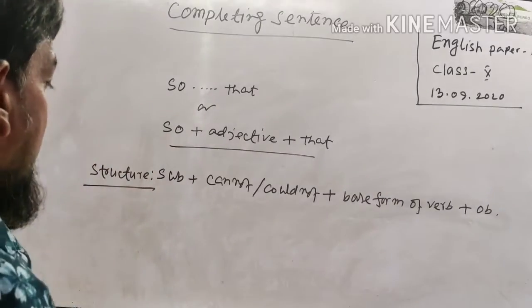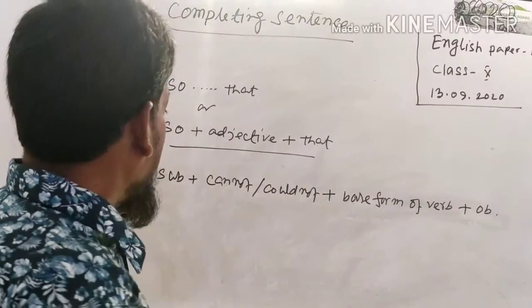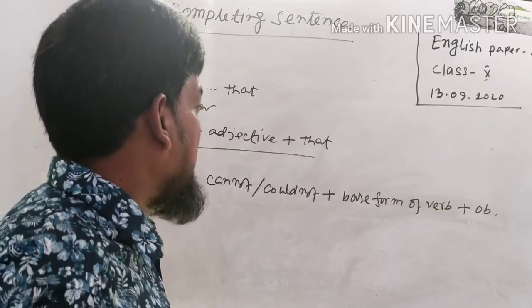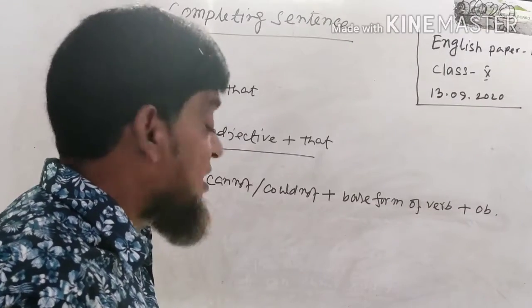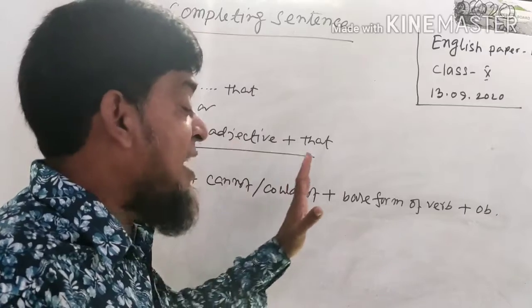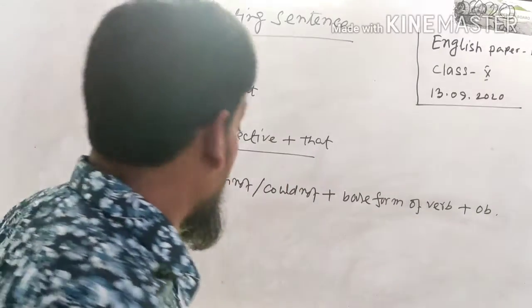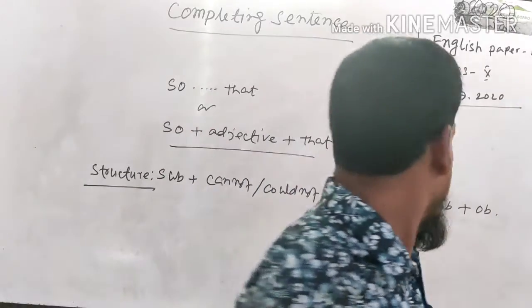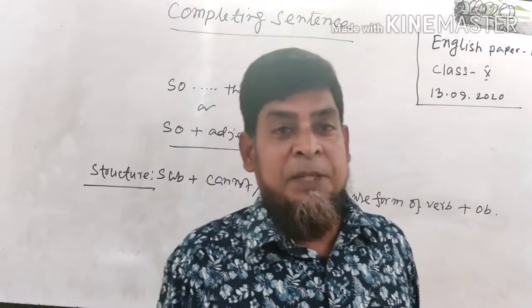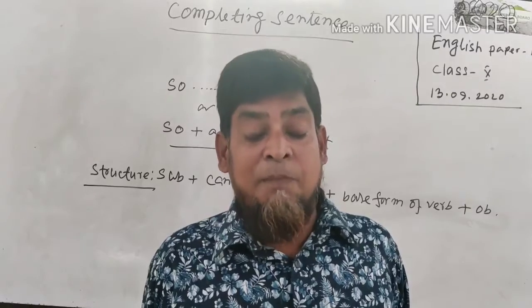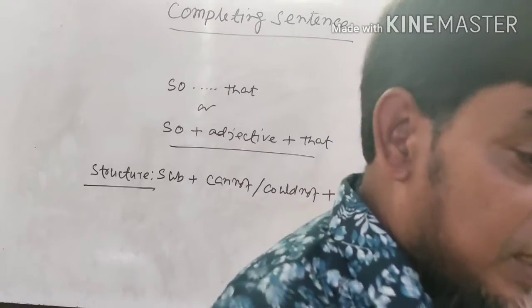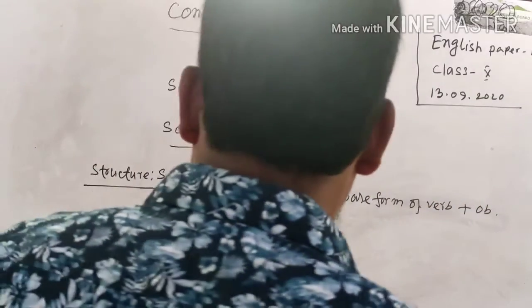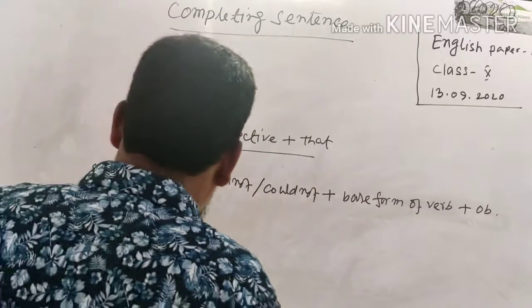We know that when "so plus adjective plus that" is given in the first clause of the sentence, the next clause will be subject plus cannot or could not plus the base form of the verb plus object. Now I want to give some examples.